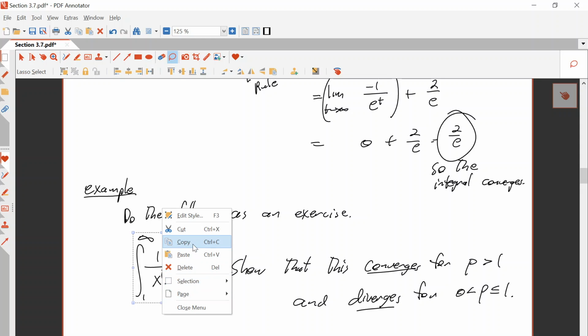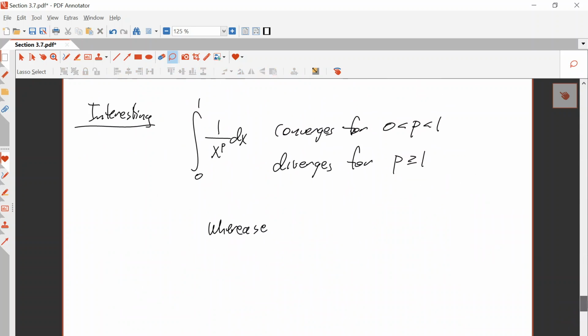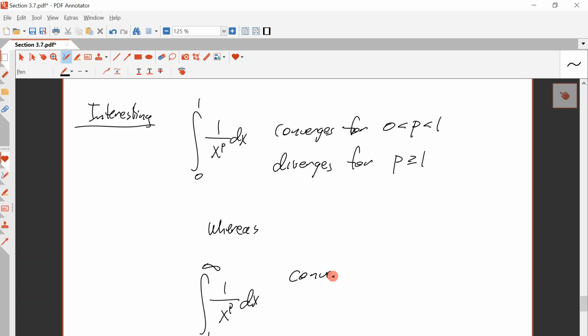I'll just copy that and put it underneath, whereas this integral converges for p's bigger than 1 and diverges for p's less than or equal to 1.